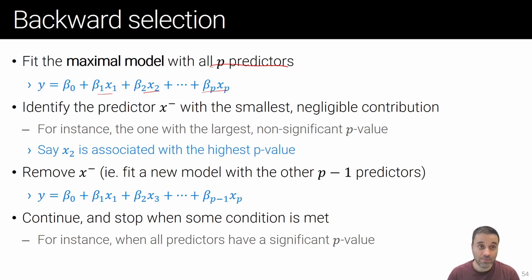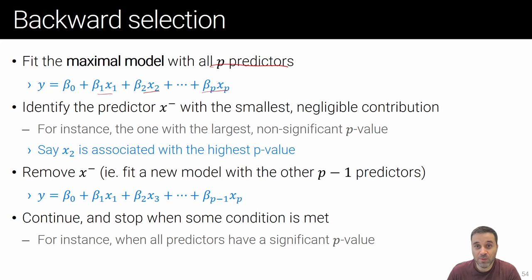And then what do we do? Then we have to identify the predictor, let's call it x negative, the one with the smallest, negligible contribution. So for example, we look into p-values and we choose the one of all those predictors with a non-significant p-value. We choose the one with the largest p-value.